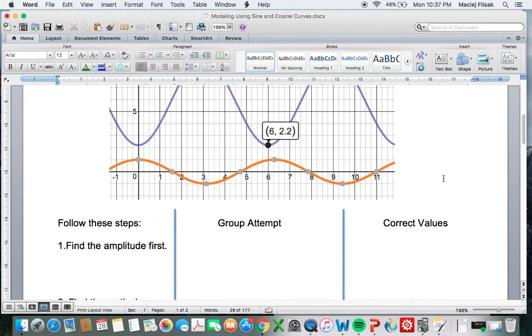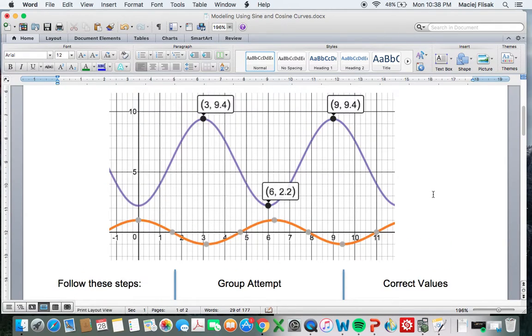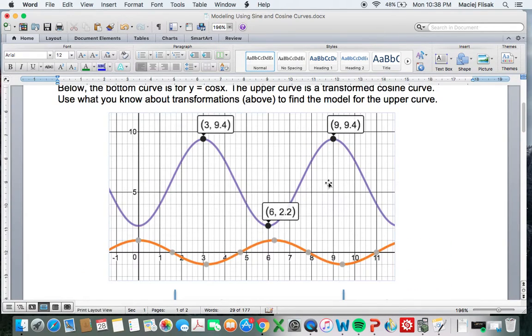So first of all, it said find amplitude first, and this is a good idea for these kinds of questions, and you'll see why in a moment. So amplitude is going to be the height of the wave. Well, that's why these points are important. We have the maximum point here, and the y value is 9.4, and we have the minimum point here, and the y value is 2.2.